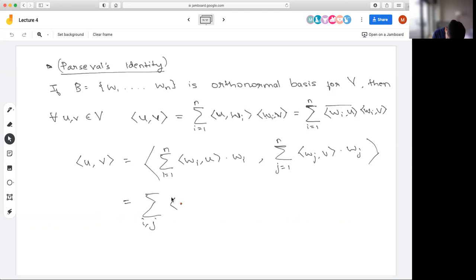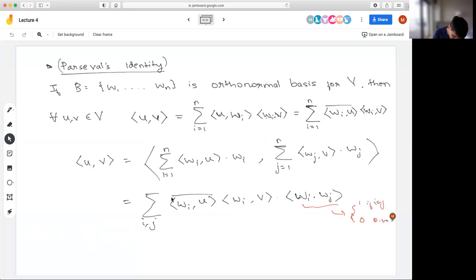The first input, and linearity in the second input. And we will be left with an inner product of Wi and Wj, which again is 1 if I is equal to j and 0 otherwise.